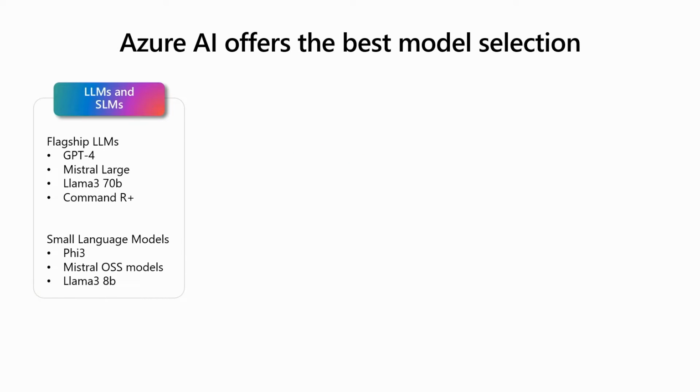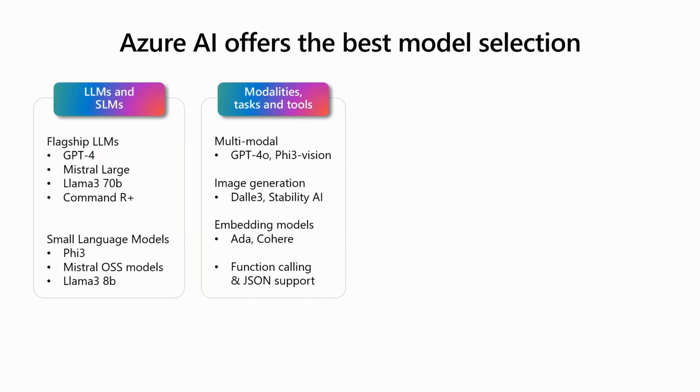And that's where Azure AI and the model catalog comes in, from the flagship LLMs to the best LLMs, across various kinds of modalities, like the multimodal models. GPT-4o shipped 2 weeks ago. It's available on Azure AI today. We are shipping a vision version of Phi3.